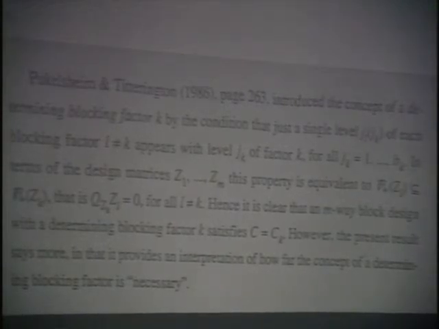Our criterion, or our main theorems, lead to the following interpretation, namely the fact that the design has a determining blocking factor is equivalent to the fact that the equality C equals C_K holds irrespective of the treatment matrix U. So if this equality C equals C_K holds for all U, then it corresponds to the situation that K is the determining blocking factor.